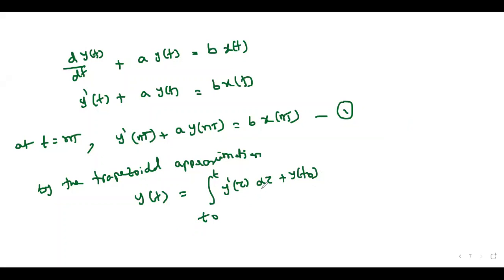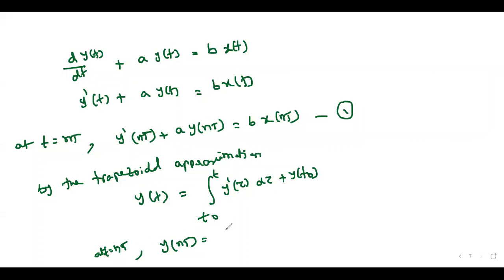No, sir. So this trapezoidal approximation, we can substitute in the first equation, but the first equation is having t equal to nT. So for this also, t is equal to nT. If you substitute, this will become y of nT is equal to... this integral won't come in the discrete.